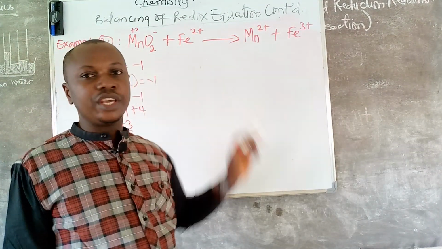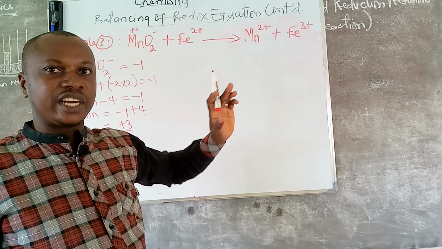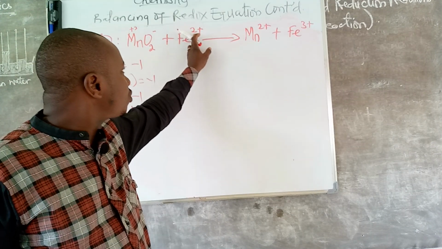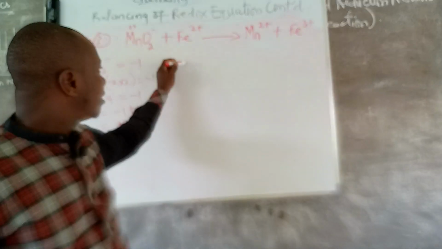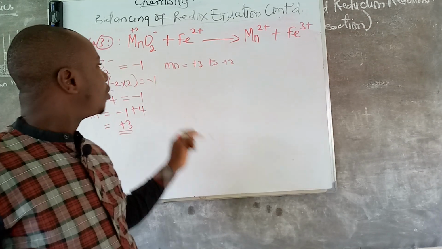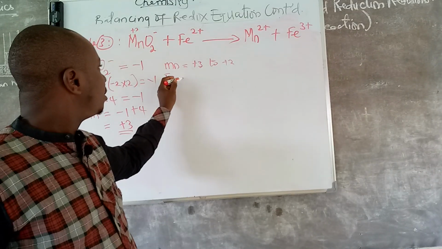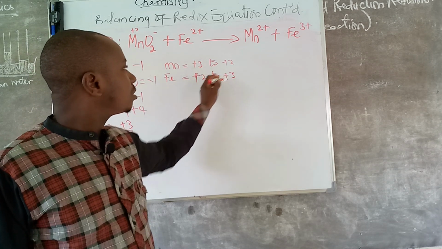And it's now +2 here. Iron, the ion's own is very certain. This is +2 and the +3. It then means that manganese changes from +3 to +2, while that of iron changes from +2 to +3.